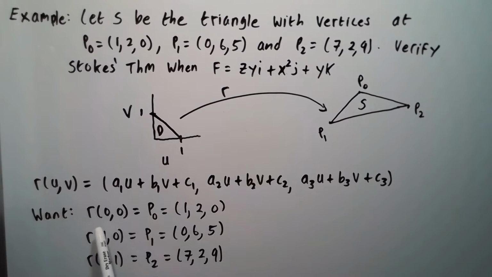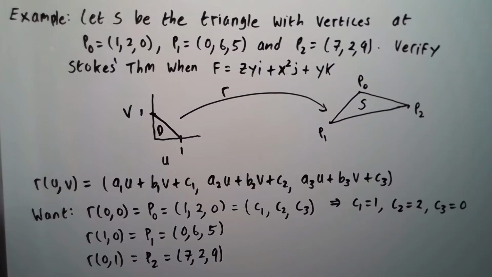Okay, so let's look at the first one here. We have 0 for U, 0 for V, all the way across. Putting 0 in place of U and V, you just have C1 in the first component, C2 in the second one, C3 in the third one.